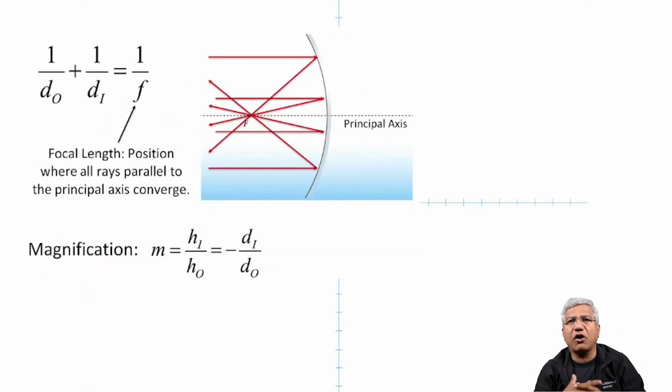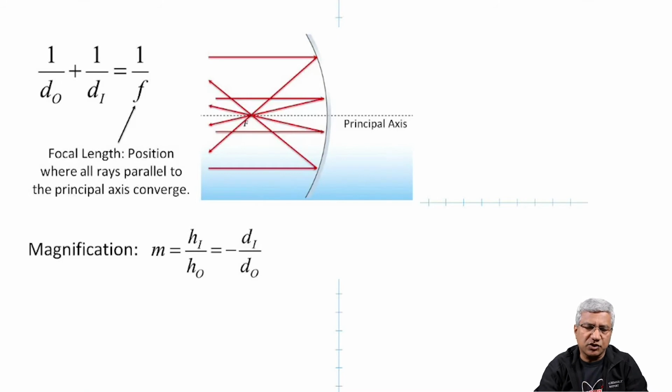Here is a concave mirror. In a concave mirror, we see that if parallel rays fall on the mirror, all of them come to focus. So this is a converging mirror. So if I use the word converging, it's a concave mirror.